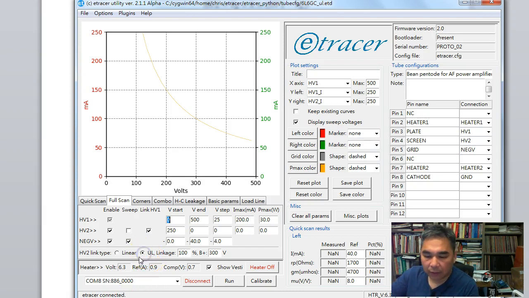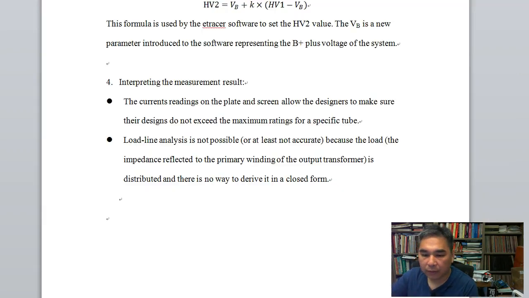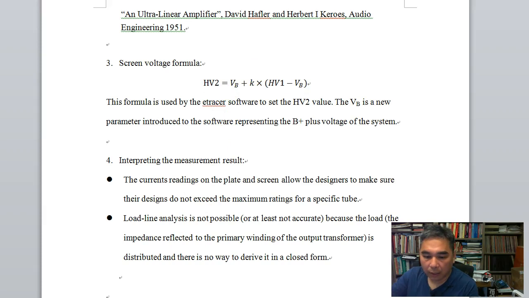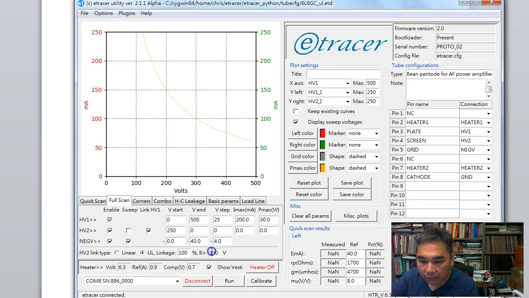If we check this box, the linkage type will follow this formula. Here we need to enter the DC high voltage B plus value. I enter 300 volt, and then we can decide the linkage value. Let's say we use 50.